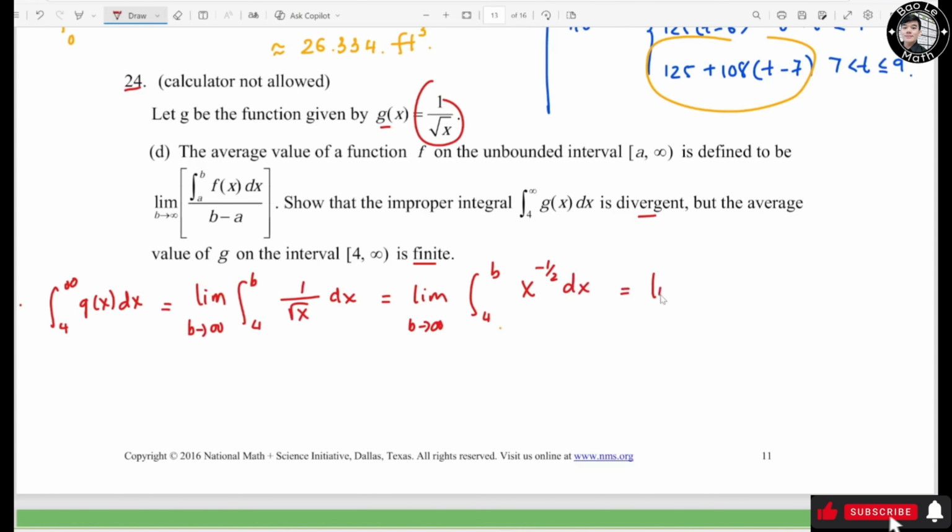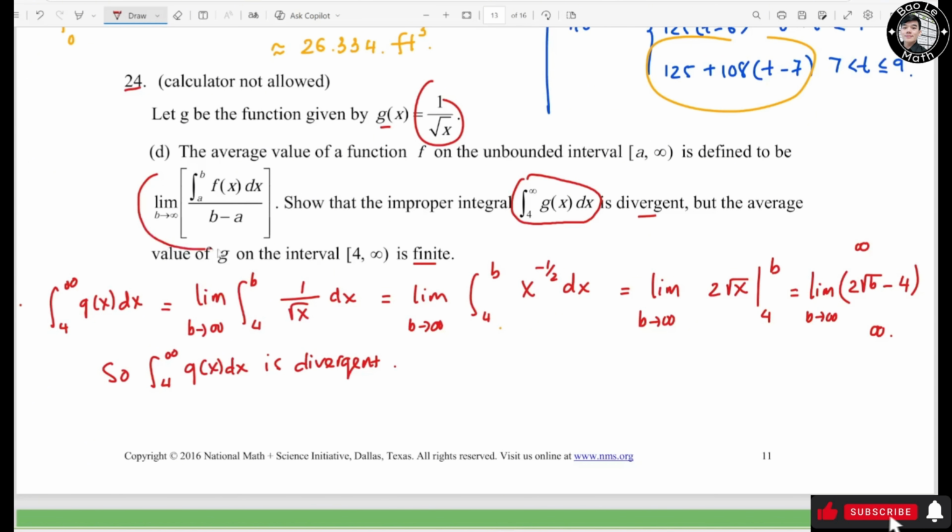So it's the limit of 2√s evaluated from 4 to b, which is the limit as b approaches infinity of 2√b minus 2√4. It's going to be 4, right? As b approaches infinity, infinity subtract 4 is infinity. The integral from 4 to infinity of g(s) ds is divergent.